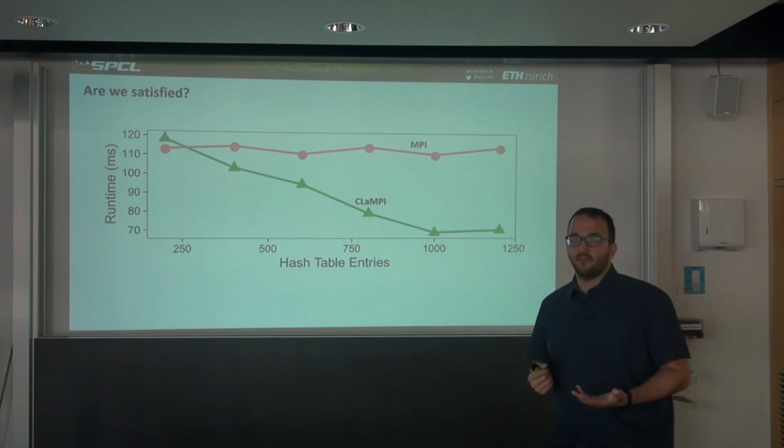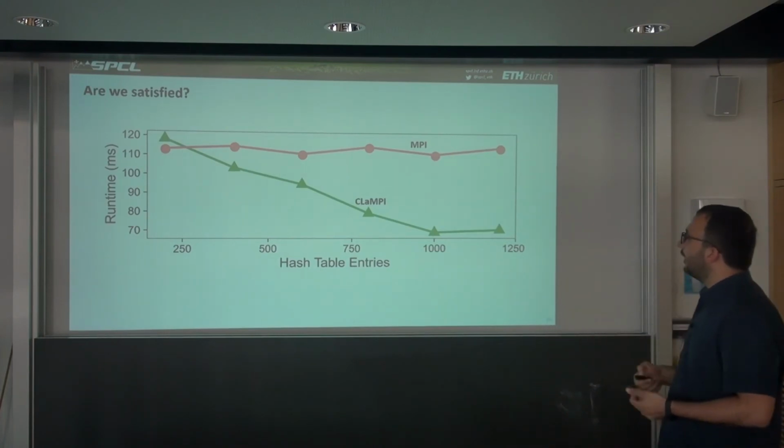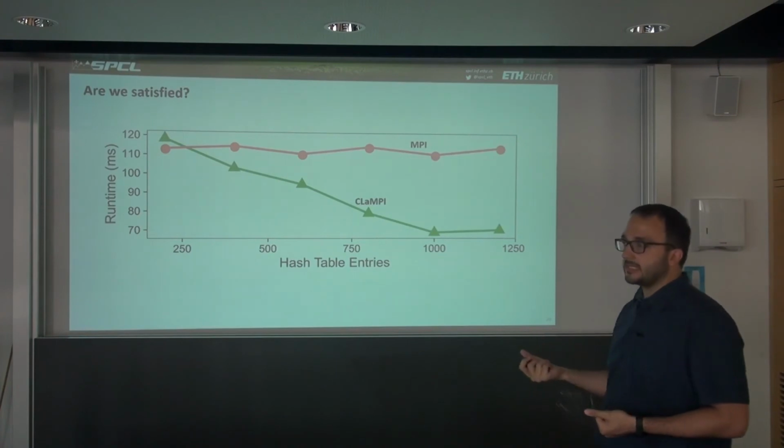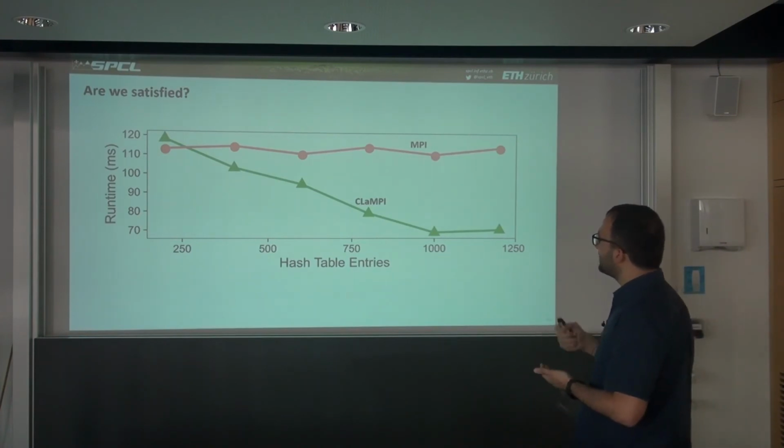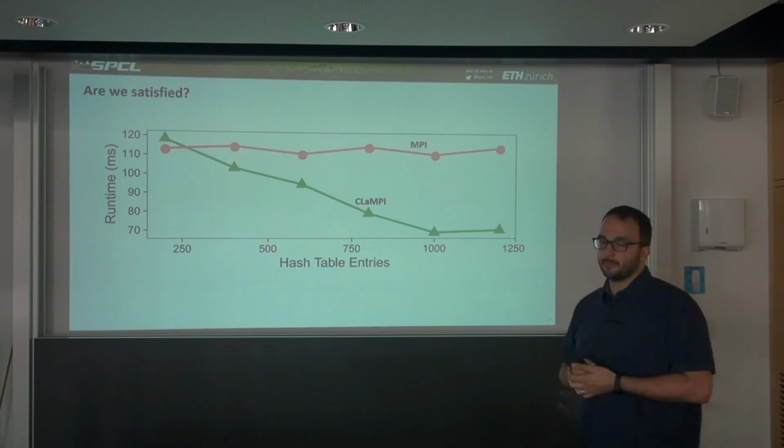So we are not very satisfied at this point because we need to tune the exact hash table size in order to actually have a nice improvement with respect to MPI.